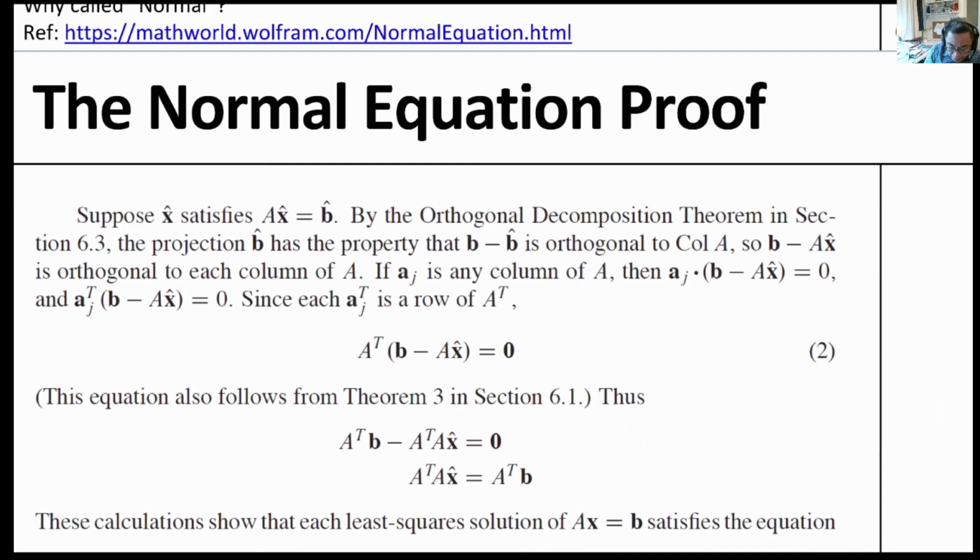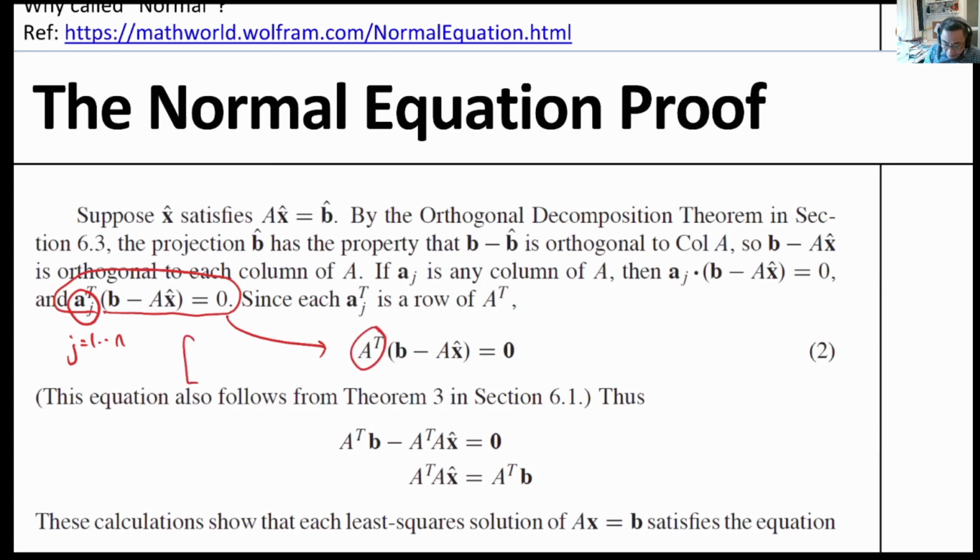Now Aj, j equals 1 to n, means that all the rows need to satisfy this criteria, so we can actually combine all these rows into the matrix A transpose.